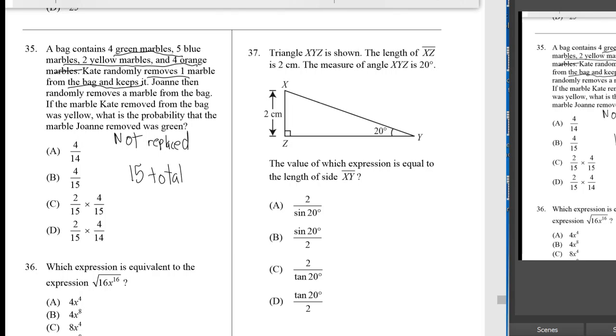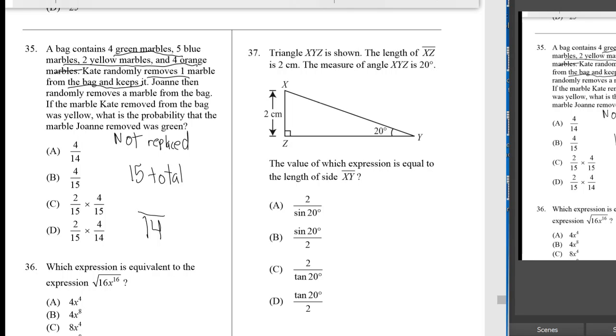Since Kate removed a yellow marble, when Joanne removes hers, there are only 14 marbles left, because the yellow one has already been removed.